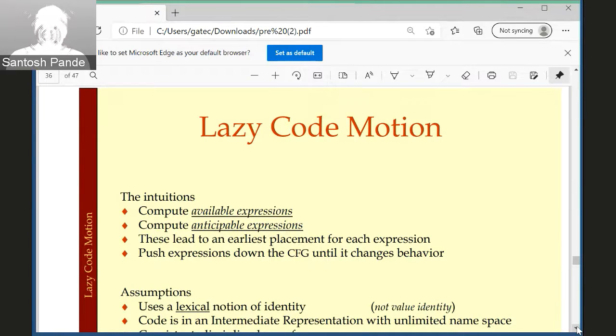There might be a path at runtime along which the expression was never ever evaluated in the first place, because it's not anticipatable there. So by placing such an expression on a non-anticipatable point, we are going to elongate the path or put some superfluous expression execution. So that's the concept of anticipatability.